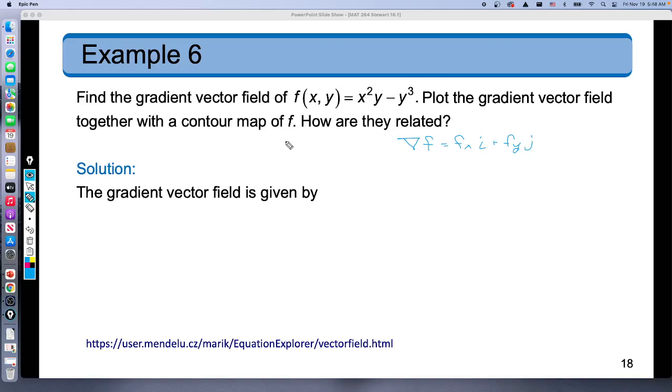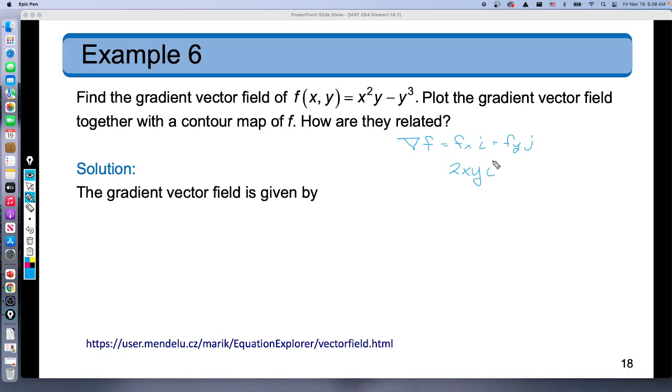So looking at this, the partial with respect to x. So this first one, we take its derivative. It's going to be 2x to the first power, because the 2 comes down. Y is a constant, so it stays there. And then when we take the derivative of y cubed, since it's a constant, its derivative is 0 when we're taking the partial with respect to x.